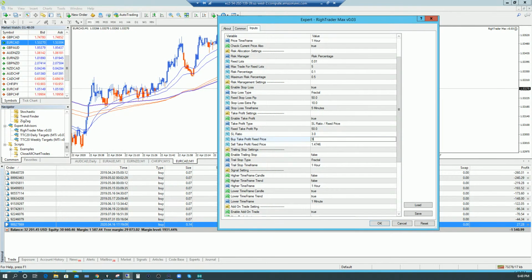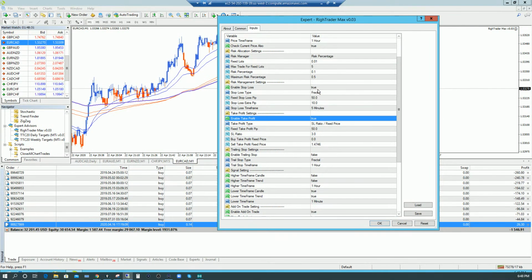Okay, so we know we want to take profit at 47.46. Now I do have a 3-to-1 risk reward ratio in on this as well, which means I'm going to take profit if price moves and gives me a 3-to-1 risk reward ratio. So if I hit a 3-to-1 risk reward ratio, I'm still going to go ahead and start taking my profit on those.